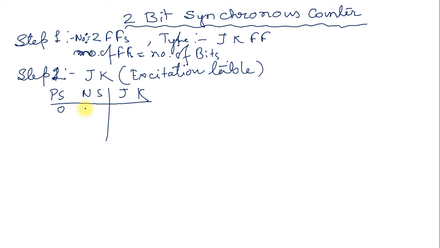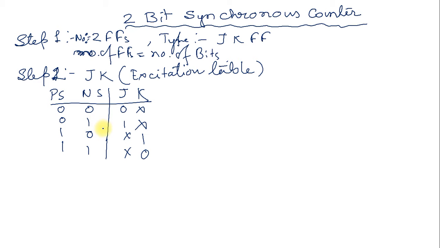With two variables, there are four combinations. As we know, for 0 0, JK is 0 don't care; 0 1 gives 1 don't care; 1 0 gives don't care 1; and 1 1 gives don't care 0.